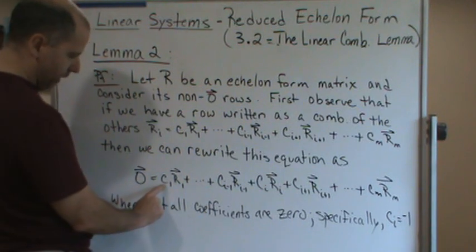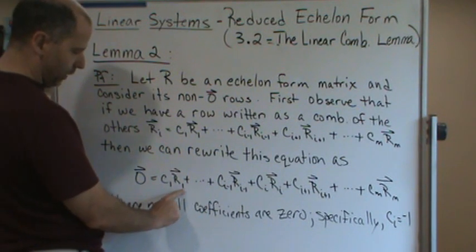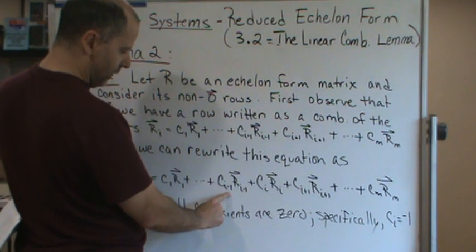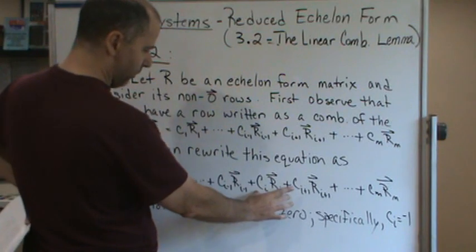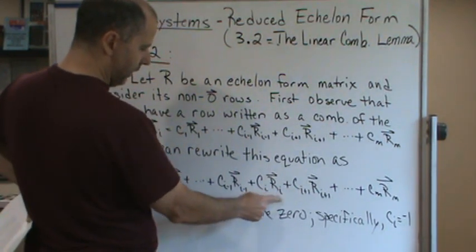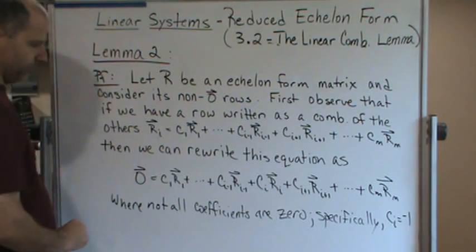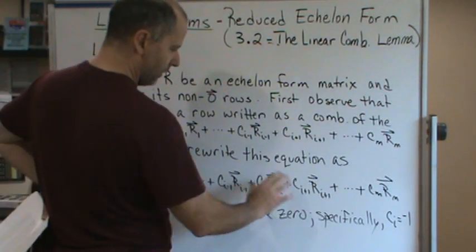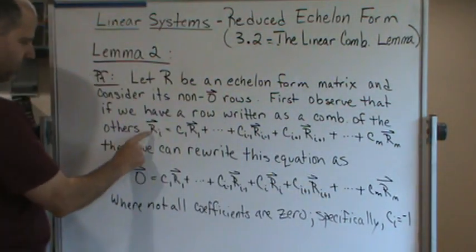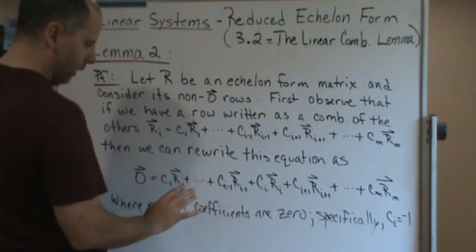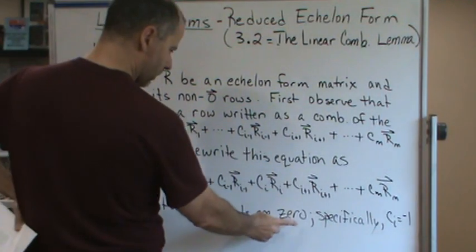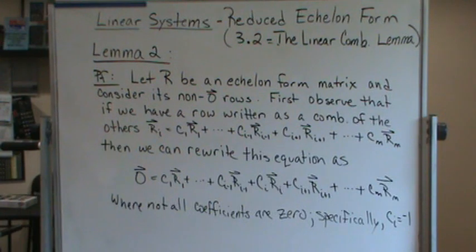And then all we have here is C1 R1 plus all the way up to C sub I minus 1 R sub I minus 1, and then here's our ith term, and then the rest of them. So basically we just moved this over, and all of the coefficients, where all the coefficients are, oops, not zero. That's a mistake. It should be not zero.